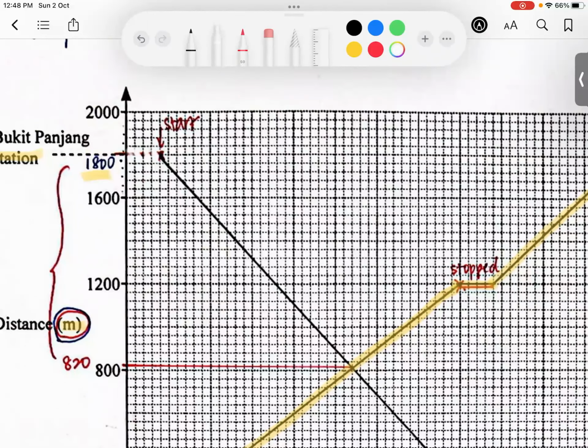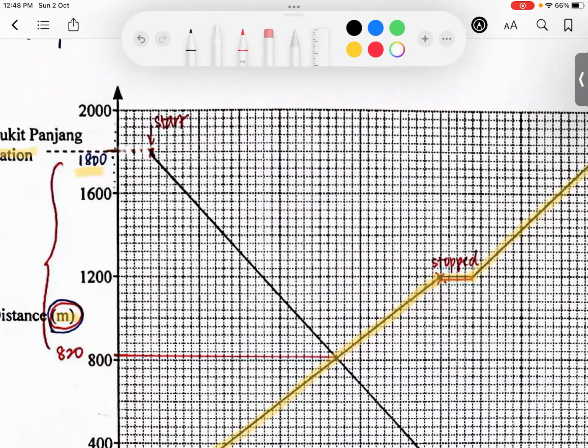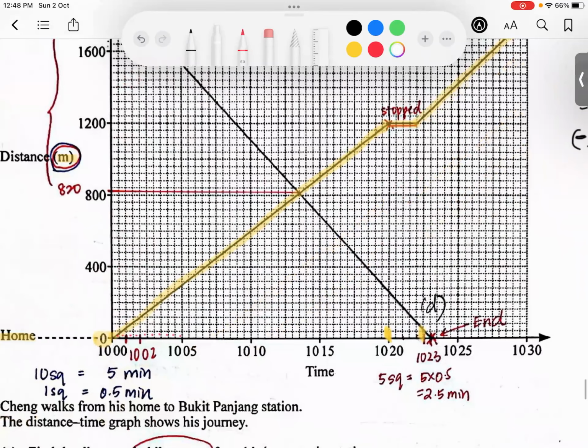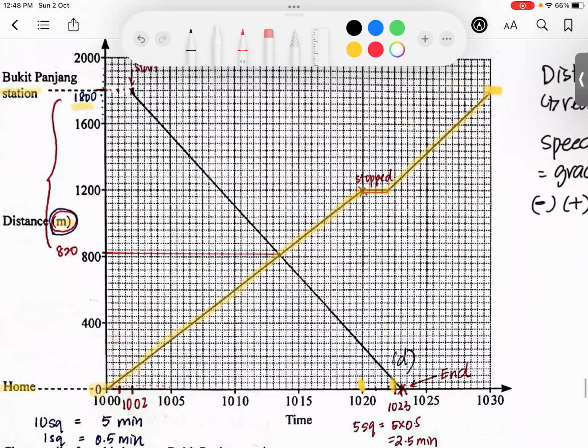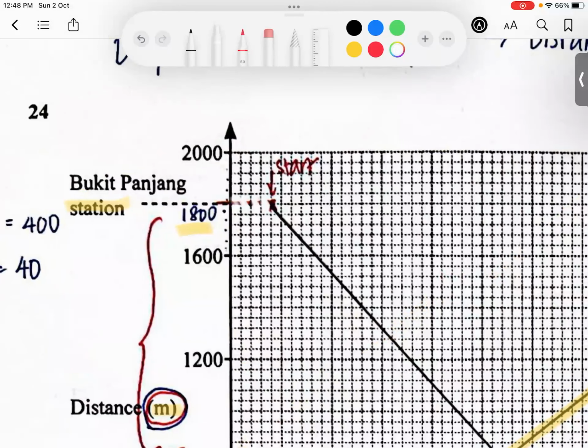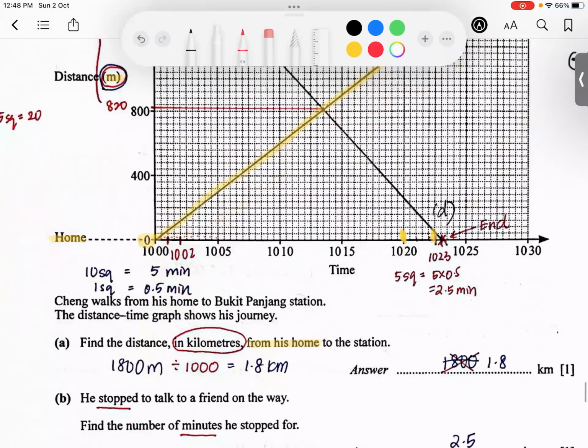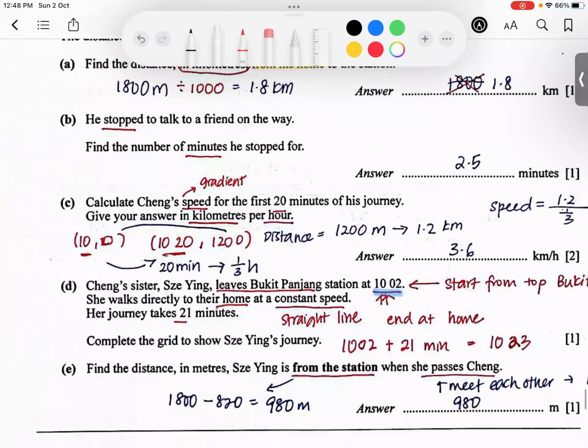You start directly at 10:02, so the curve should start here. There should be no distance, and it starts from Bukit Panjang station, so start at the top. Then she returned home, but I need to know what time she returned home.